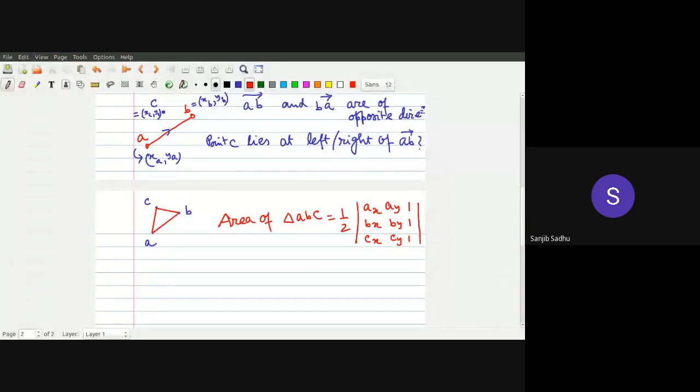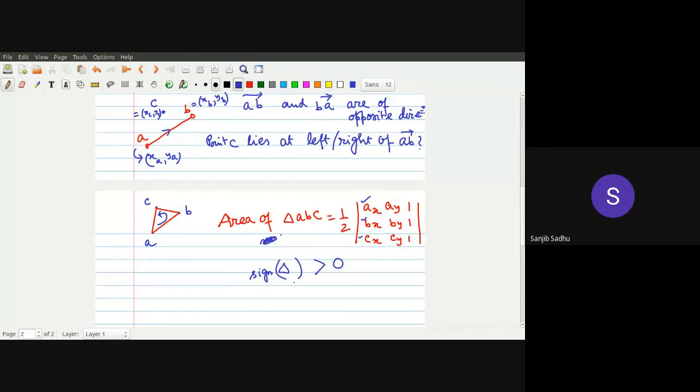So what happens actually? If you are taking first A, then B, then C, and I denote this as delta, then if the sign of delta is greater than 0, it means you have taken the order ABC such that if C lies at the left of AB, then the rotation ABC is counterclockwise, and the sign becomes positive.